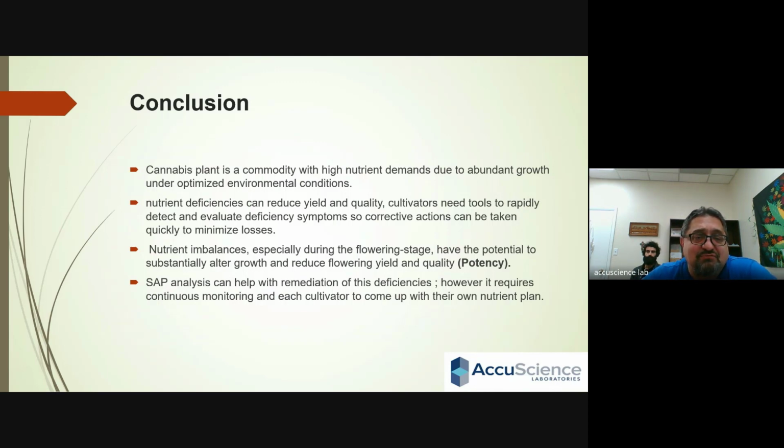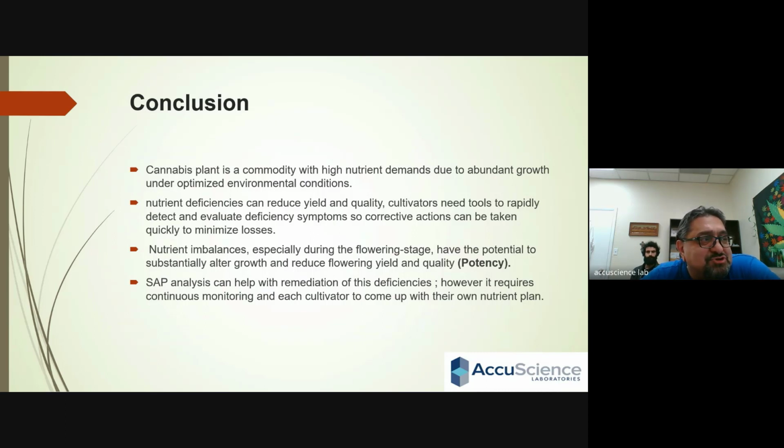When you are growing cannabis, cultivators have invested a lot of money in planting. It costs a lot of money, not only the space, but the lighting, the labor, and all that. So you cannot afford to have a lack of nutrition in the plant.